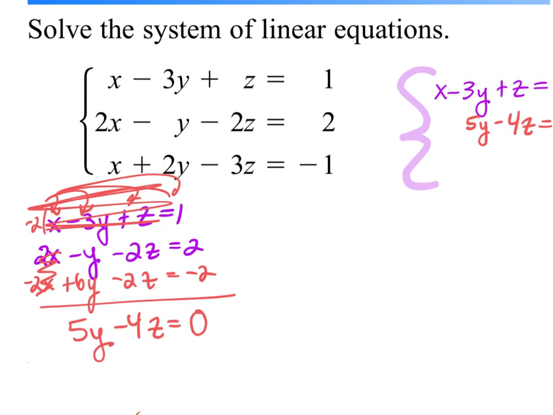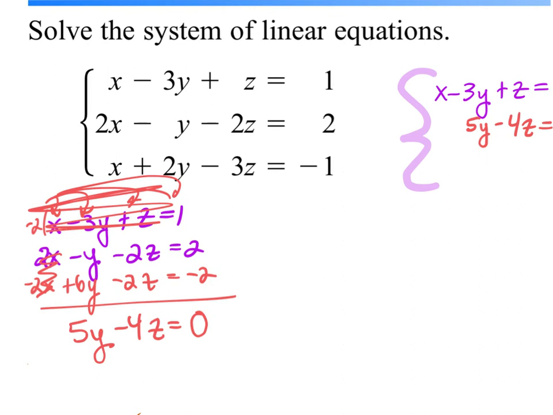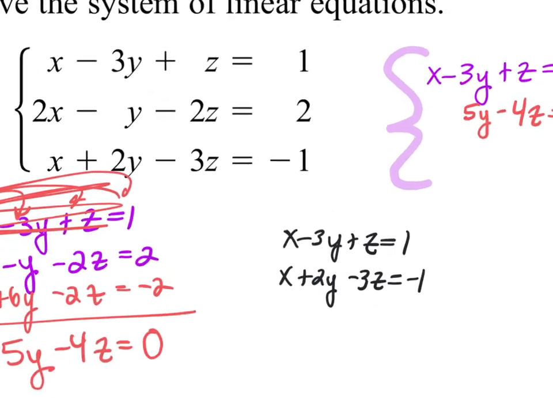Questions? Now what do I do? How do I find the next one? First and third. Good. x minus 3y plus z equals 1. x plus 2y minus 3z equals negative 1. Multiply the top or bottom by what? Negative 1. I'm just going to do the top, right? Guys, watch. I'm just going to change the signs.